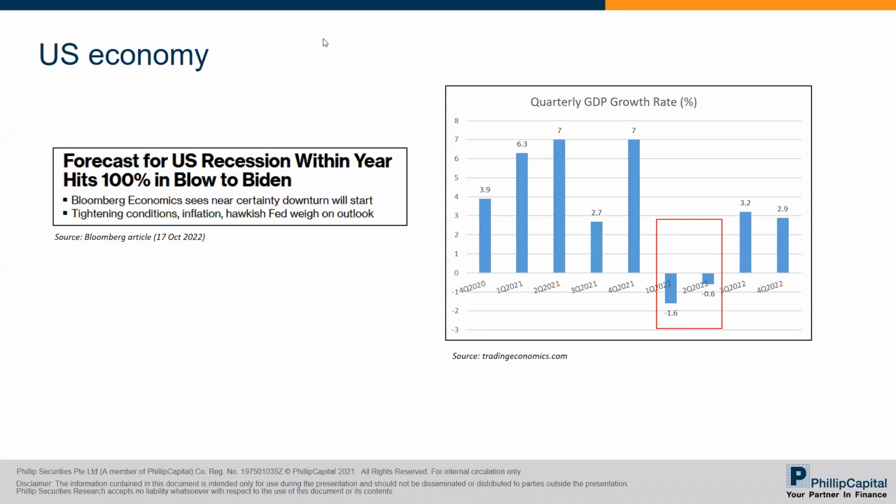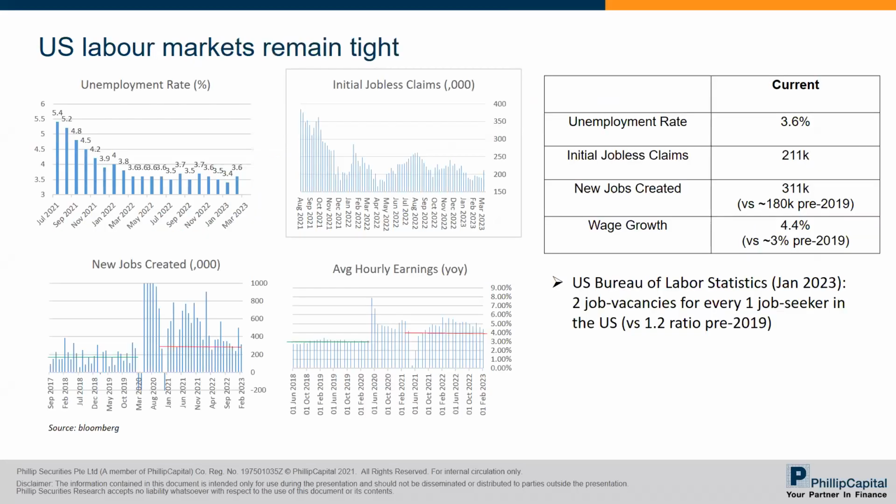But many are saying that it's not a real recession, due to the unusual situation brought about by COVID. We tend to agree with the consensus that the US has not encountered a recession in 2022, because there weren't massive job losses that would characterize a traditional recession.